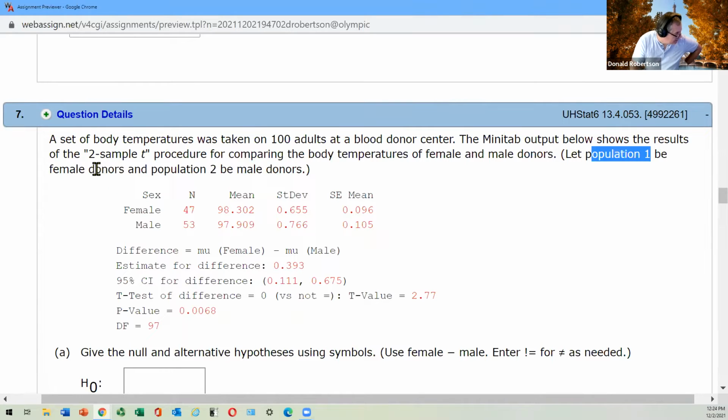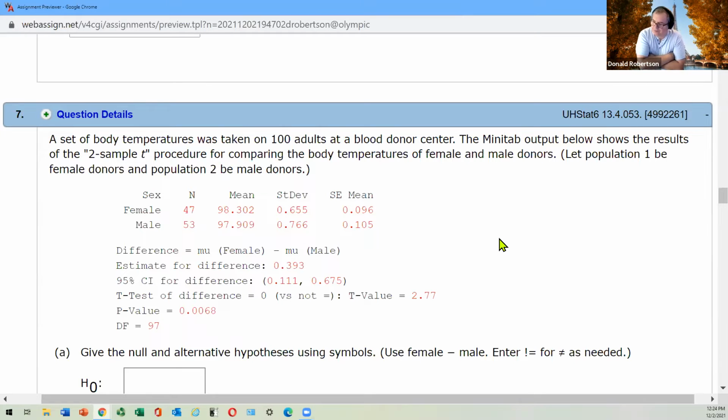Population 1 is female donors and population 2 is male donors. So I guess they're looking at the difference in body temperatures between males and females. And for instance, there were 47 of the people they checked were female, and their body temperature was that number. And for the males, there was slightly more of those, and the body temperature was that number.